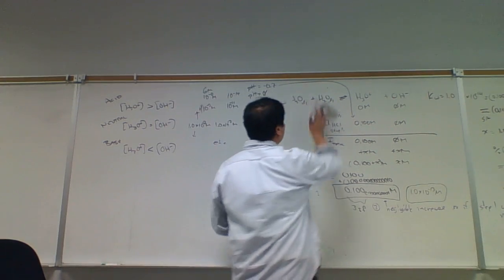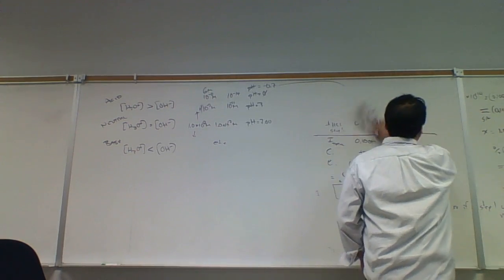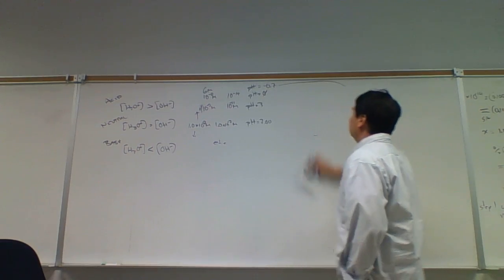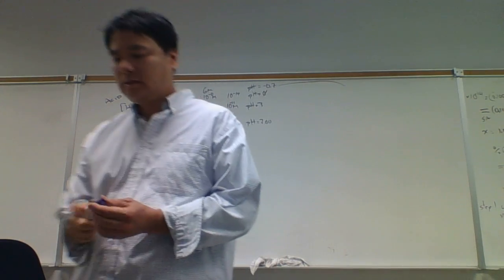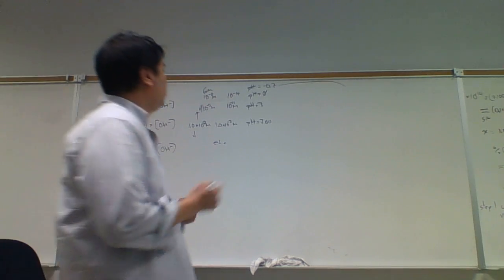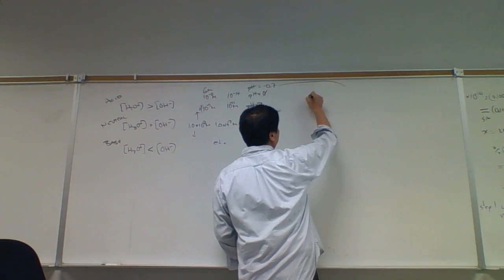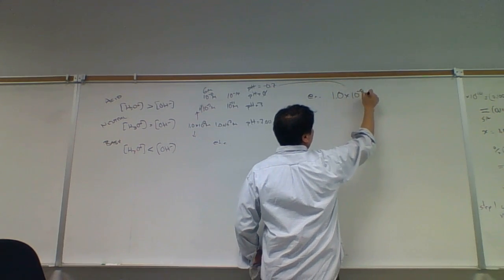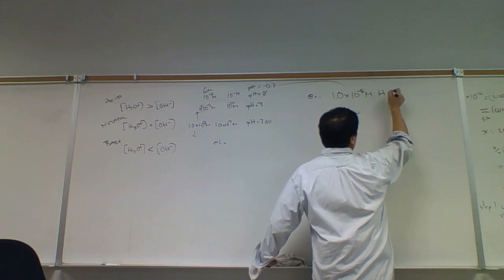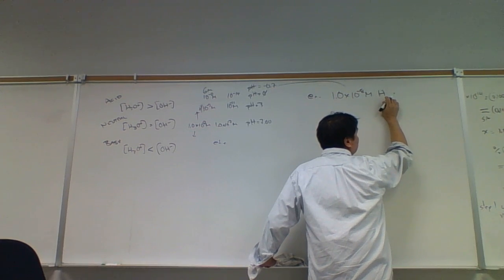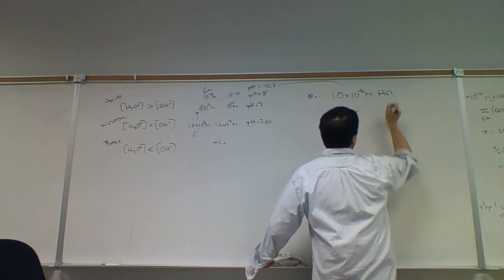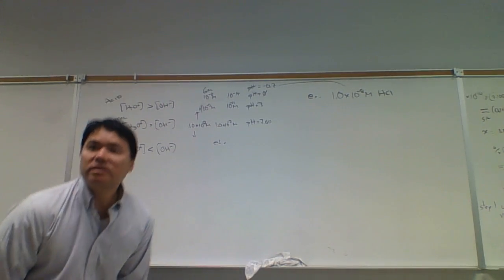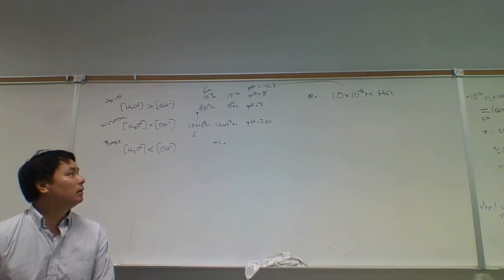Let's take a look at this next one. This is where a Chem 4 style calculation will fail. 1.0 times 10 to the minus 8 molar HCl.